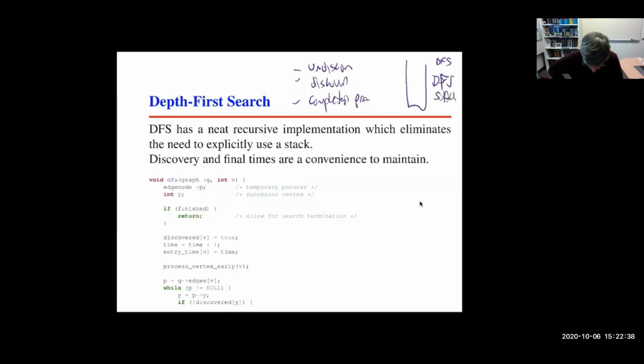On one level, the only difference between a breadth first search and a depth first search is that instead of storing our intermediate vertices in a queue, we're going to store them in a stack, okay? A last in, first out stack. Well, actually, wait.